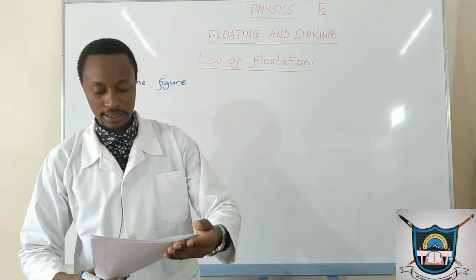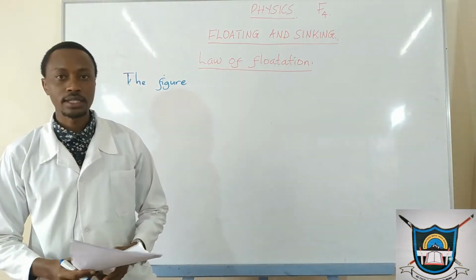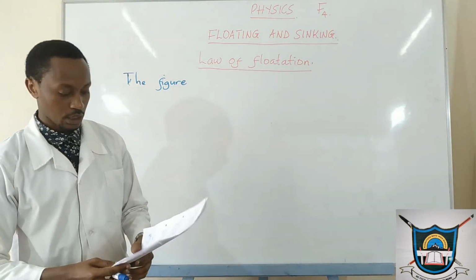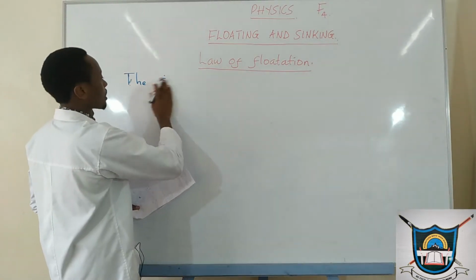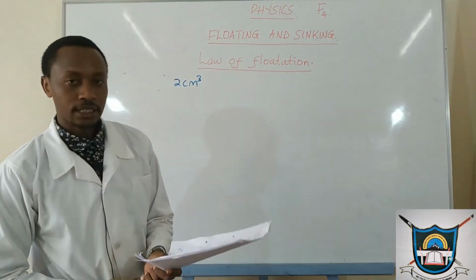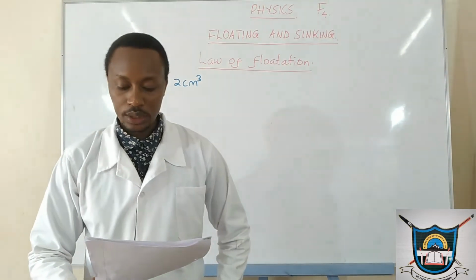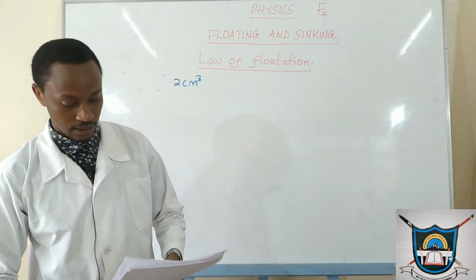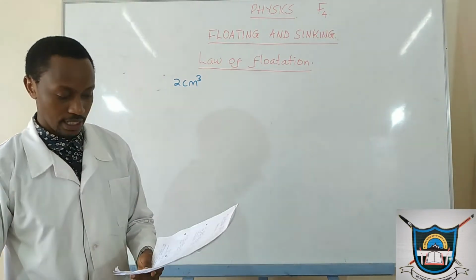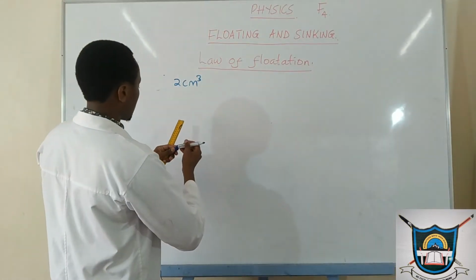The figure below shows a test tube whose cross-sectional area is 2 cubic centimeters, partially filled with lead shots, floating vertically in water. So let's have that diagram and have a look at these questions.